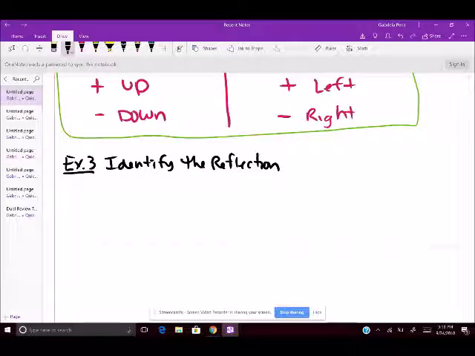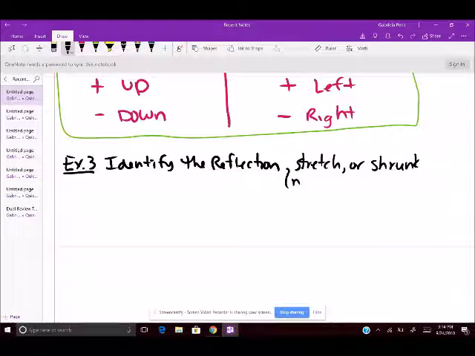Now, how do we do a stretch or a shrink? Sometimes the stretch, we know it as it got narrow. And sometimes the shrink, it is going to get wider. So we'll talk about that right now.